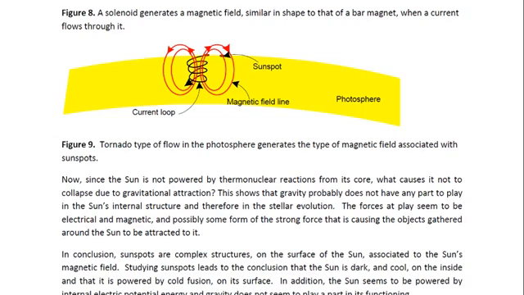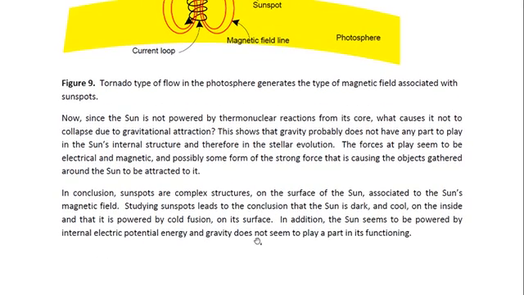This shows that the gravitational interaction does not seem to be playing much of a part in stellar formation and in what powers a star. There does not seem to be any gravitational attraction inside the star, because otherwise the star would collapse. So the forces at play seem to be the electrical and the magnetic forces, and I've talked about how there could be some type of strong force as well that is causing these stars to be attracted to each other.